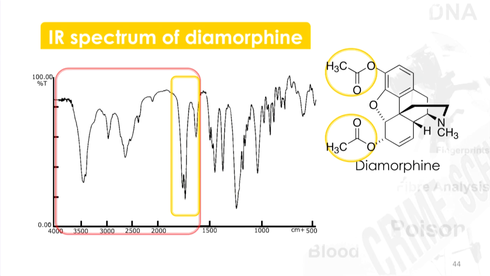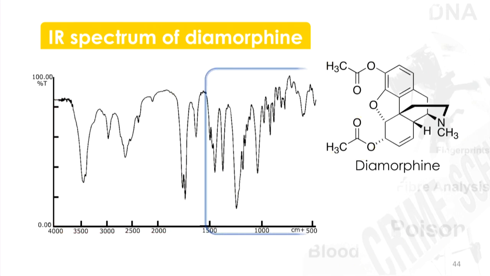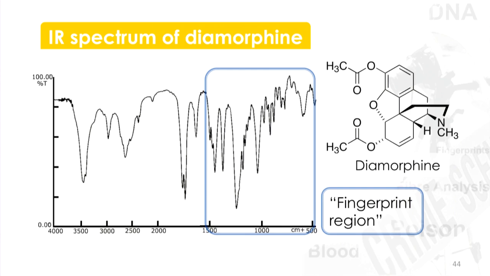But there's nothing in the left-hand half of the spectrum that tells us this is diamorphine. It simply says this has some of the chemical functional groups that diamorphine also has. It's only when we look at the right-hand half of the spectrum outlined in blue, the so-called fingerprint region, that we can say this is diamorphine. As you can see, it's very complex, it's very rich in detail, and comparison to an authentic sample proves that this is indeed diamorphine.